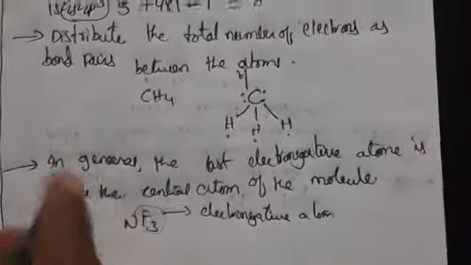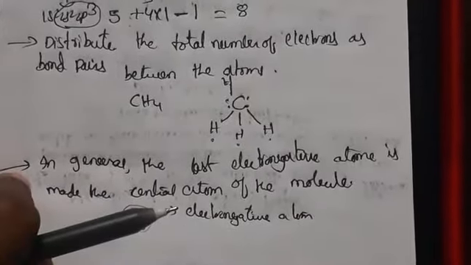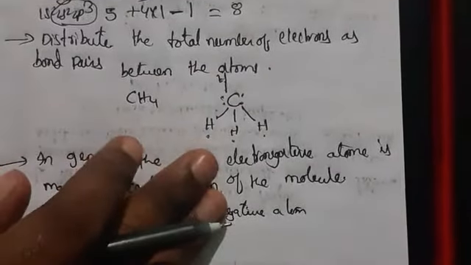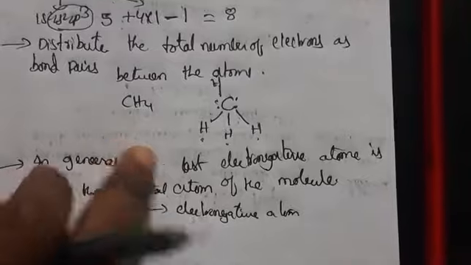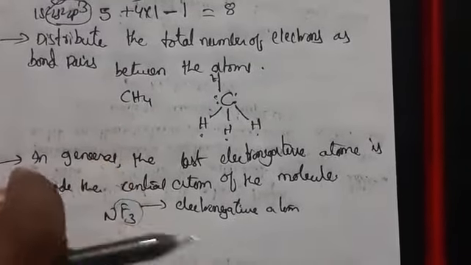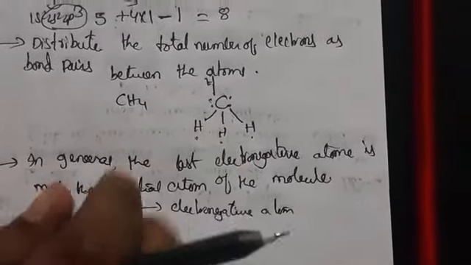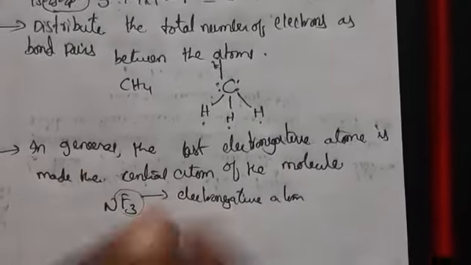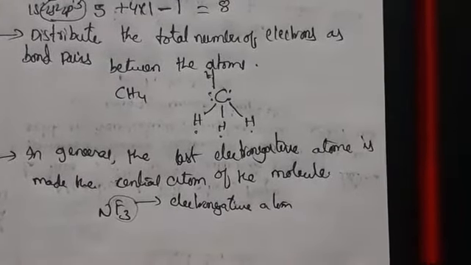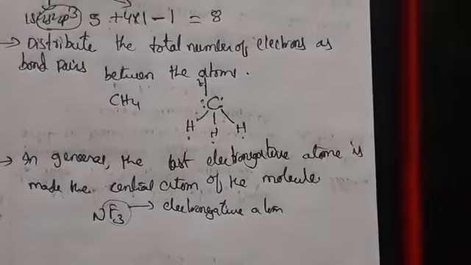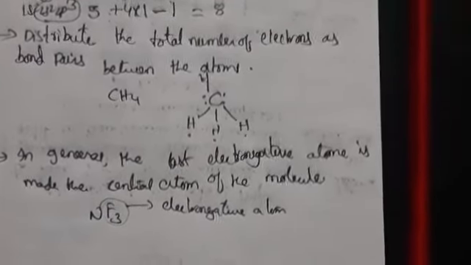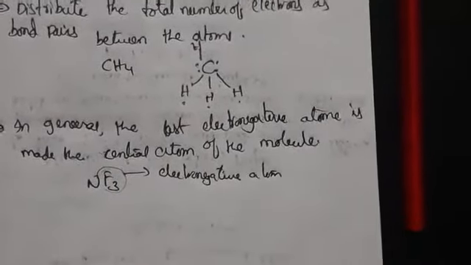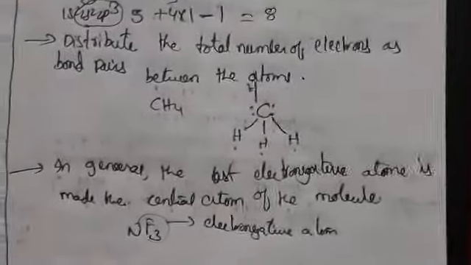Next, the last rule: single bonds are generally constructed first with bond pairs, then the remaining electron pairs are utilized either for multiple bonds or for lone pairs of electrons. In each case, each of the bonded atoms except hydrogen will get an octet of electrons.